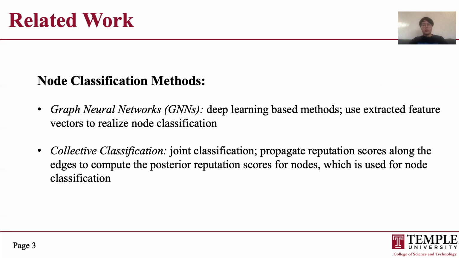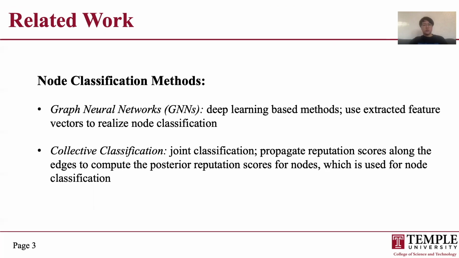Basically, node classification methods can be roughly divided into two categories, which are graph neural networks and collective classification methods. The first one, graph neural networks, are deep learning-based methods. They can extract special features of nodes and learn the representation of graph nodes as feature vectors to perform node classification.